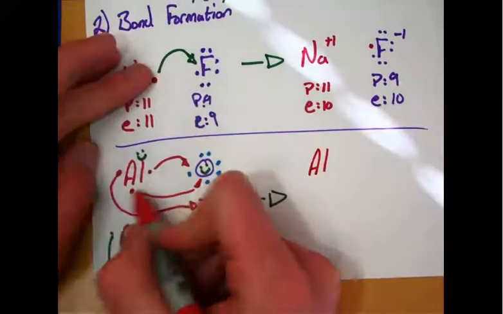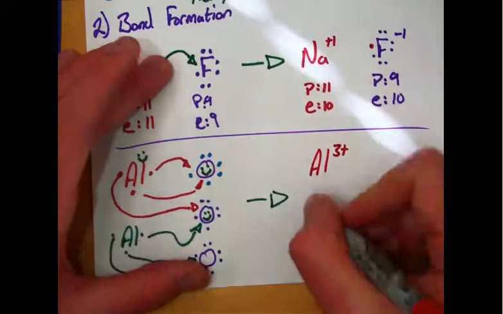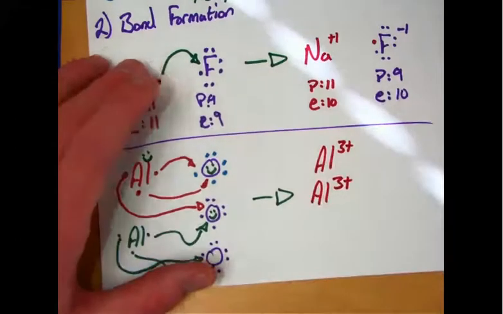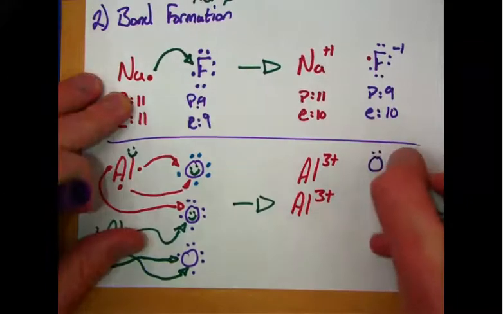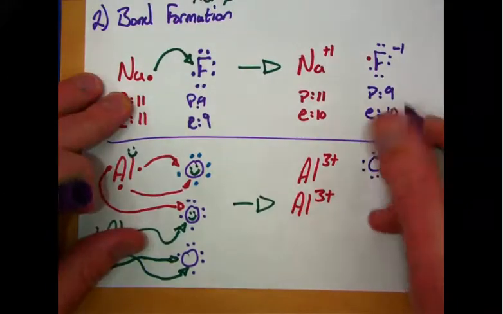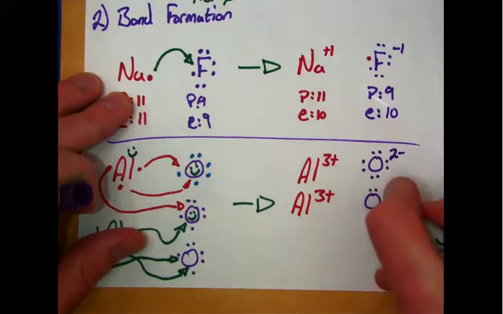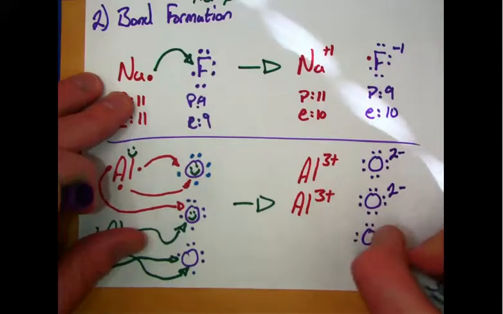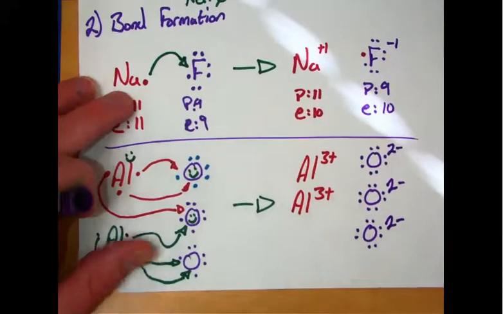Each of these has 3 less electrons, so that means that they've got a charge of 3+. And then lastly, we have 3 full, happy oxygen ions with a 2- charge because all 3 of them gained 2 electrons. And beautiful, there we are. So that is Al2O3.